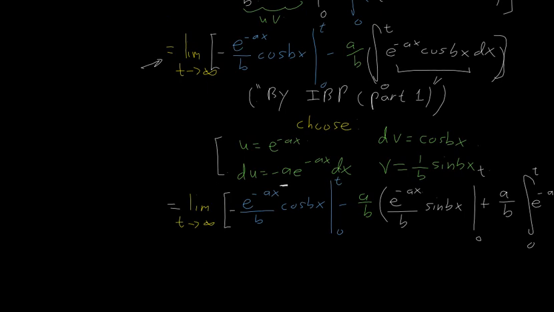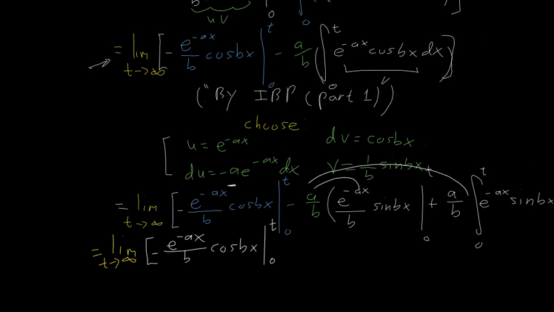I'm going to shorten this here. We just have to collect like terms now, and then we'll apply the limits. The limit as t approaches infinity, all in square brackets, of negative e to the negative ax all over b cosine bx from 0 to t. Then what ends up happening, multiplying in, let's FOIL it.